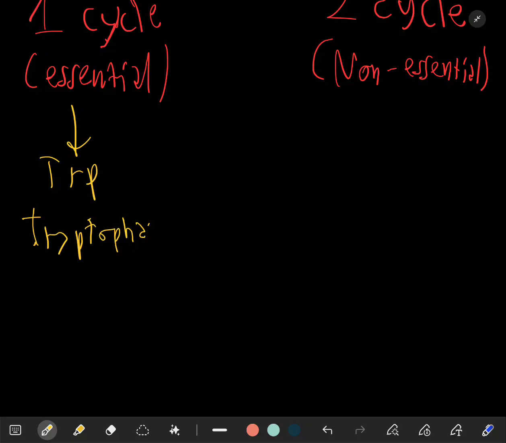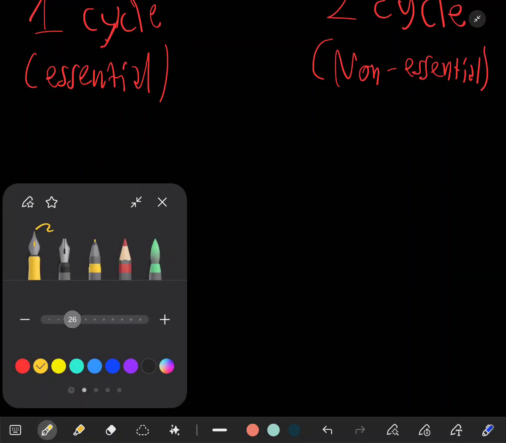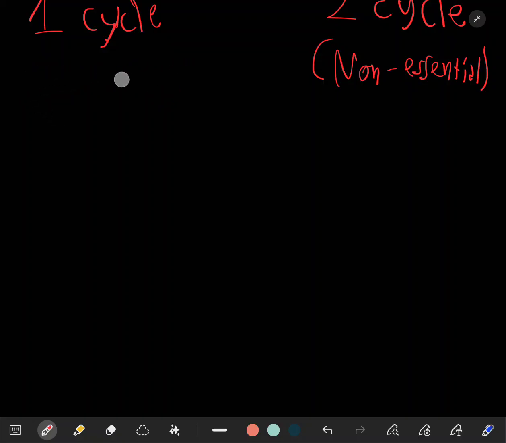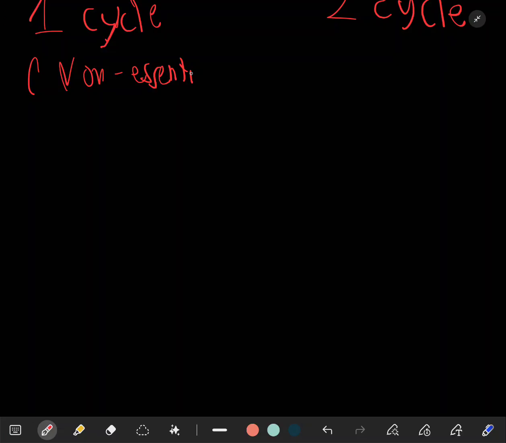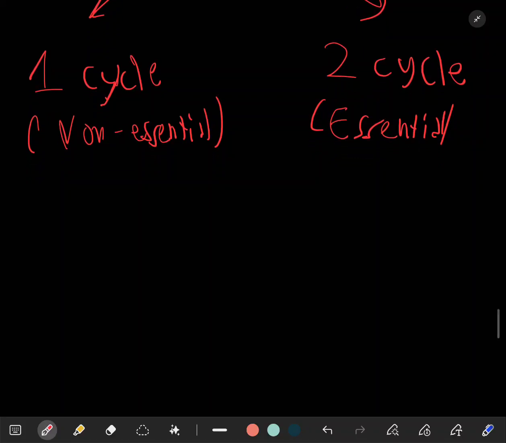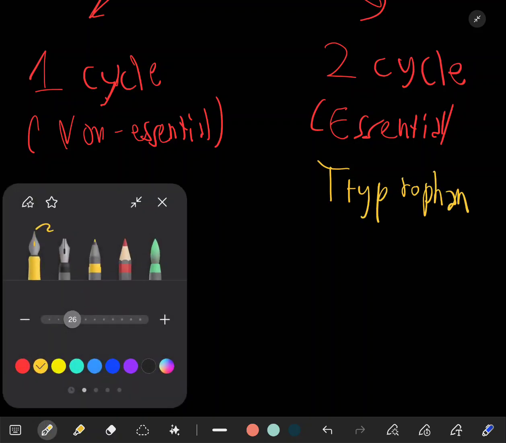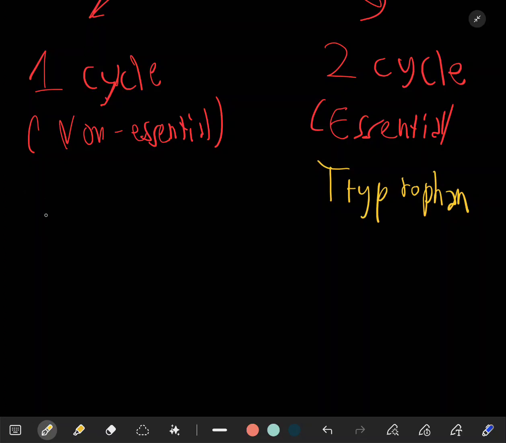Like this is essential. 1 cycle is non-essential. My bad. Yeah, I was just confused. My bad. This is non-essential. And this is essential. Okay. So now in the 2 cycle essential one, we can write tryptophan. And over here the other 2 which were left, which was proline, an exception, and histidine, which gives us histamine.